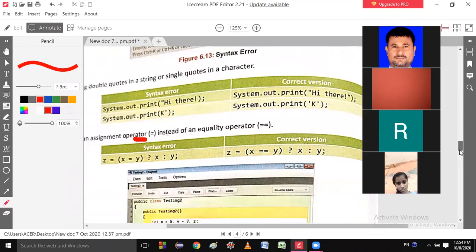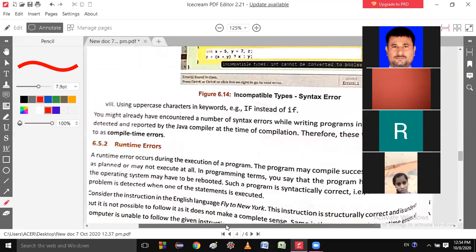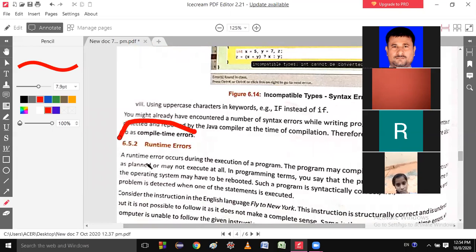Next, runtime error. So students, just listen. Suppose you are writing a program and there is no syntax error. Everything is correct. When you compile, it compiles fine, no problem.